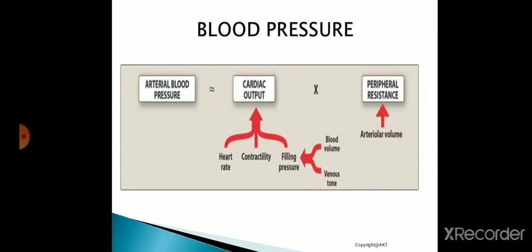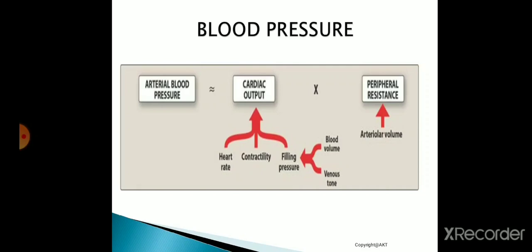That resistance is offered by the arterioles, not the arteries, because the arteries divide into small tubes, the arterioles, and they offer a resistance to the flow of blood. So that resistance altogether gives a back pressure on the arteries.